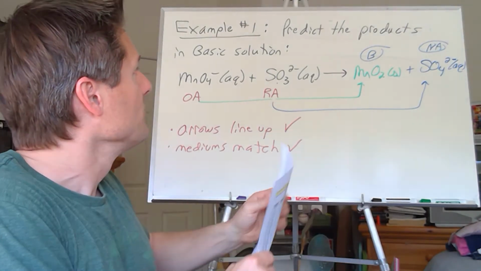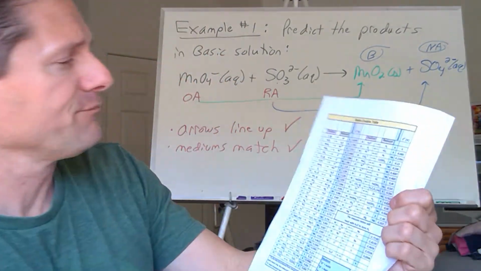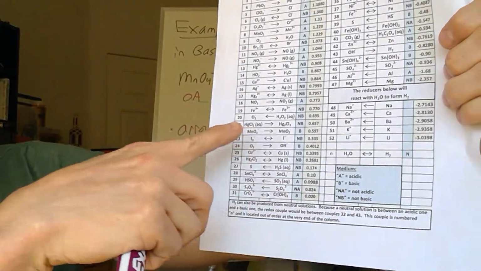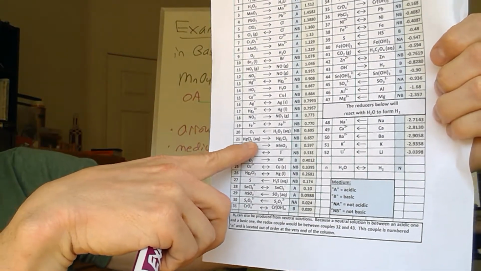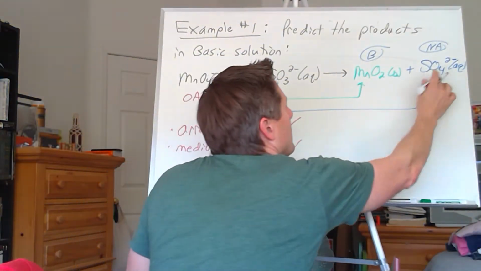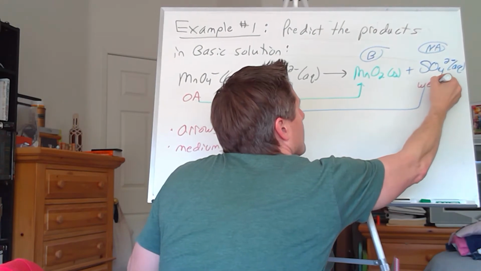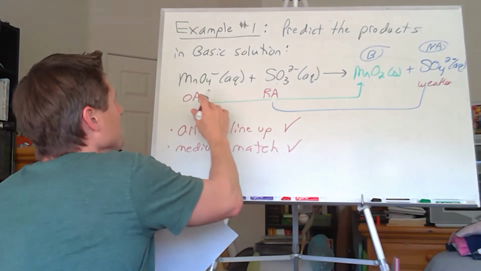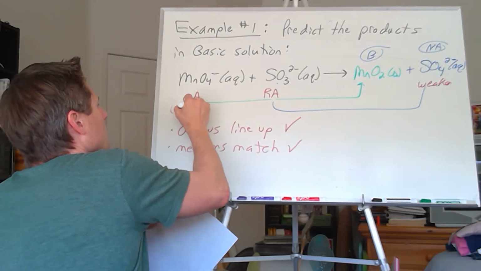Or you can look, if we went the other direction, you could see that they're above each other. See how the MnO4 minus is above the sulfate? If we're going the other direction, this is weaker, because it's lower on the oxidizer column, and this is stronger.